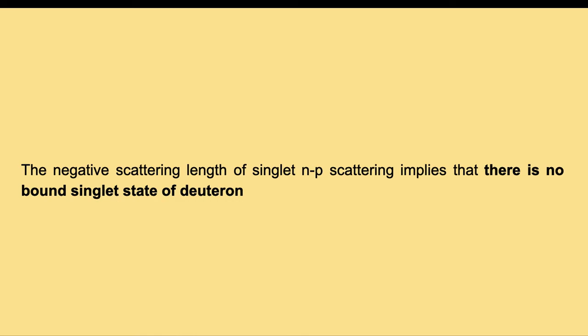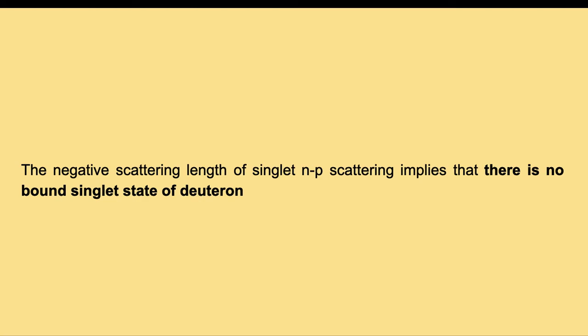The negative scattering length of singlet NP scattering implies that there is no bound singlet state of the neutron. For scattering, when a neutron is approaching a proton, there can be an attractive or repulsive force. But after that, it is scattering. Either it is attractive or repulsive, the neutron will scatter.